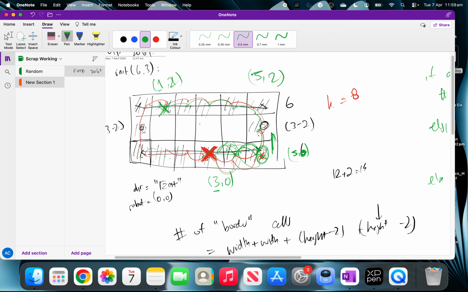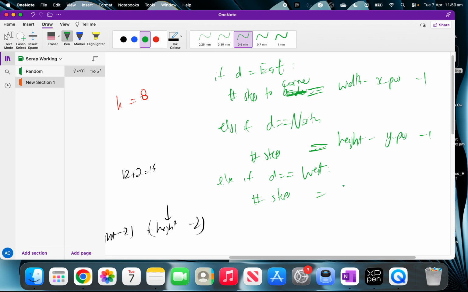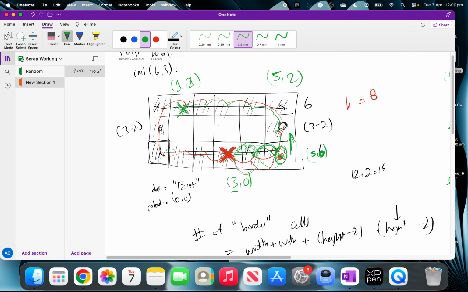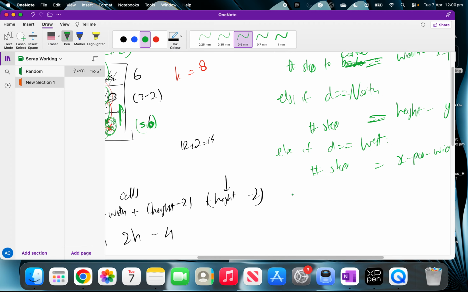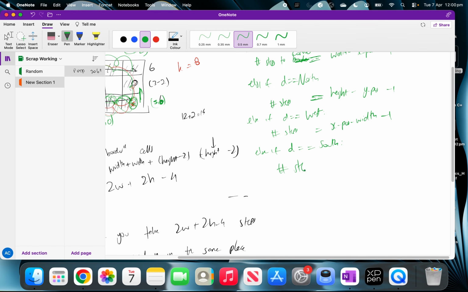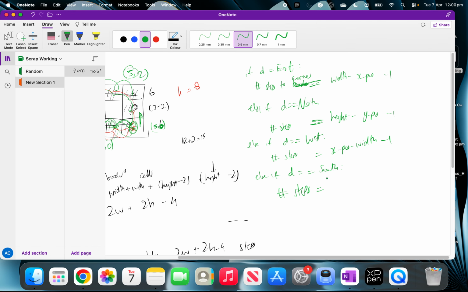So I have to look at the x coordinate, and I think I would do the x position minus the width, I assume, minus 1, because this is now the bigger number. 1, 2, 3, 4, 5, and then similarly, else if d is equal to south, the current direction is south, the number of steps to the corner is equal to, is this flipped around, y pos minus height, because now y pos is the bigger number, minus 1.